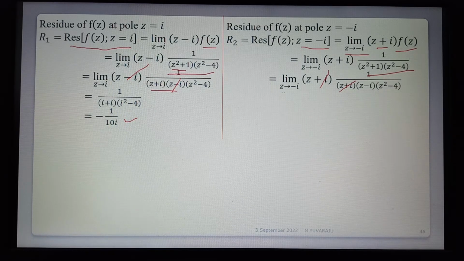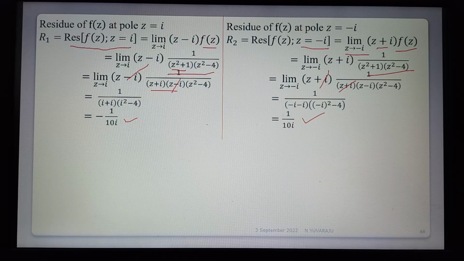So substituting z is equal to minus I here: 1 by (minus I minus I) into ((minus I) square minus 4). (Minus I) square is minus 1, so minus 1 minus 4 is minus 5, into minus 2I, so plus 10I. So this is R2, the second residue.